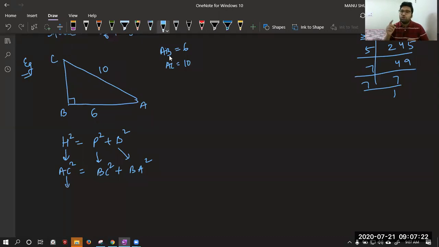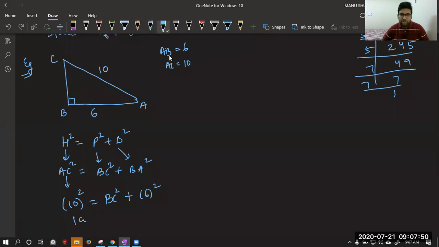I have told you, whenever we put the value of a variable, we always put it in brackets. So 10 square is equal to BC, which we don't know, square, plus BA, which is 6, square. So let's solve it.